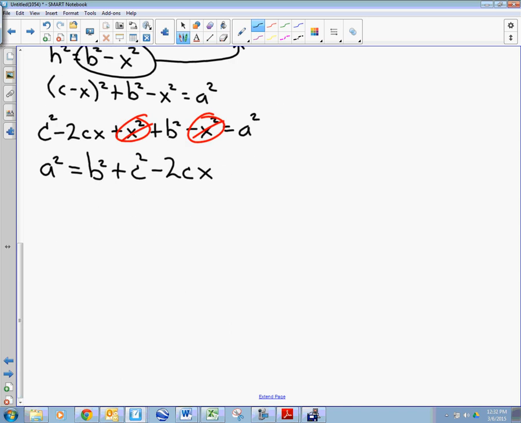So now, instead of x, I put in that piece I solved for, which was x is equal to b times the cosine of A. So I get a squared equals b squared plus c squared minus 2bc cosine of A.